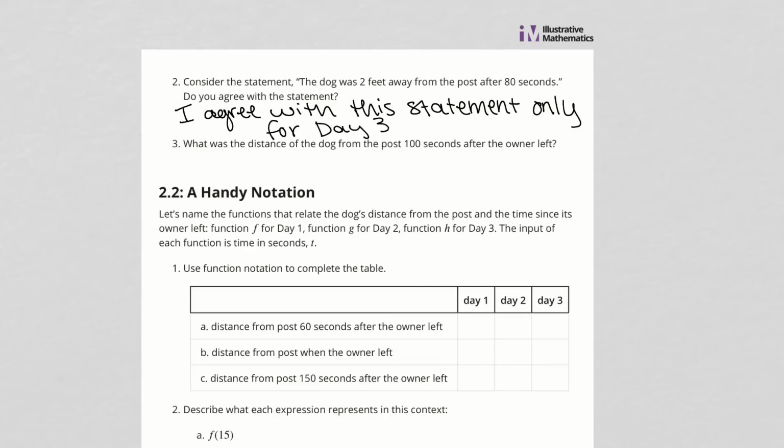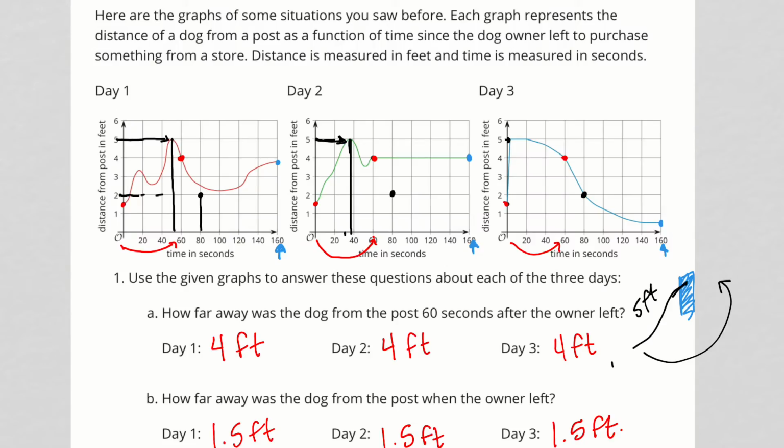Okay. What was the distance of the dog from the post 100 seconds after the owner left? So this time, let's look at 100 seconds. What was the distance here? For day 1, it was around 4.5 feet.